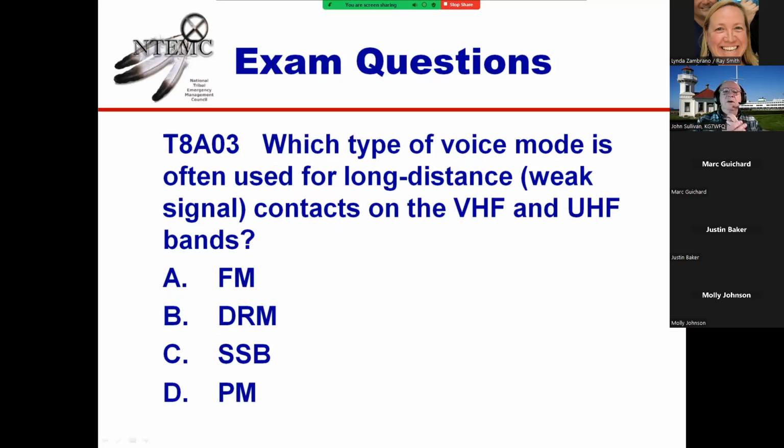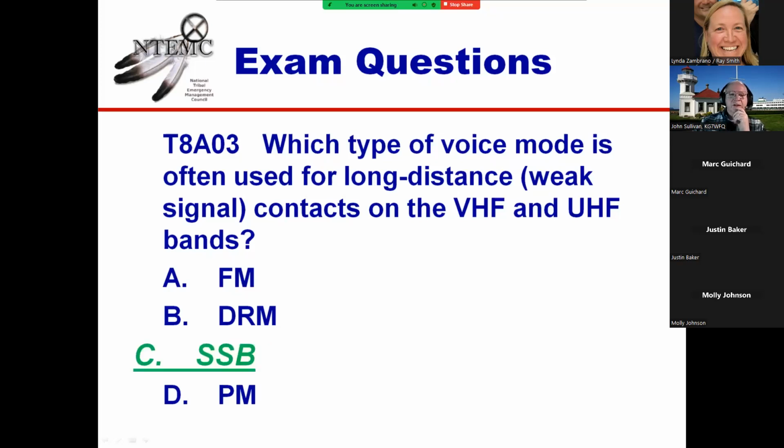Which type of voice mode is often used for long distance weak signal contacts on the VHF and UHF bands? We didn't really get into this, but because you use up less power on single sideband, just sending one sideband, you're going to get greater distance for the same amount of power out, essentially.